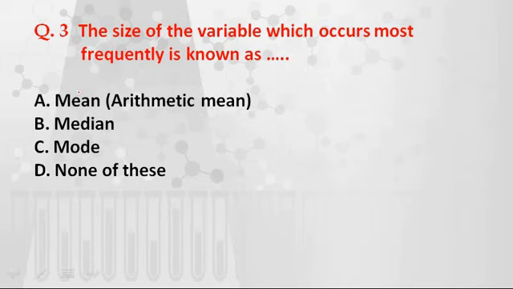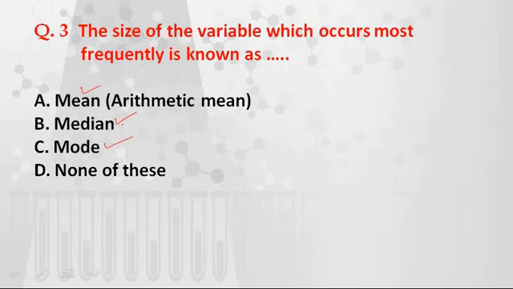So as we know that mean is nothing but the sum of the numbers divided by the count of numbers in the collection. Median is the value of the variable which divides the given data into two equal parts, and mode is the number which repeats more frequently. The number which repeated most frequently is called as mode.